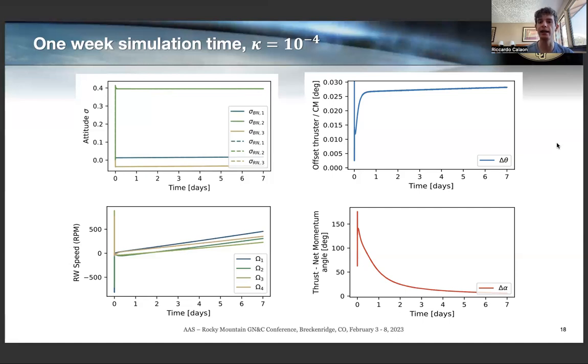And this is exactly the axis that coincides with the direction of the thrust. This justifies why the reaction wheel speeds are still increasing over time. And this happens because the wheel speeds are increasing such that the resulting net momentum is parallel to the only direction about which we cannot perform momentum dumping.